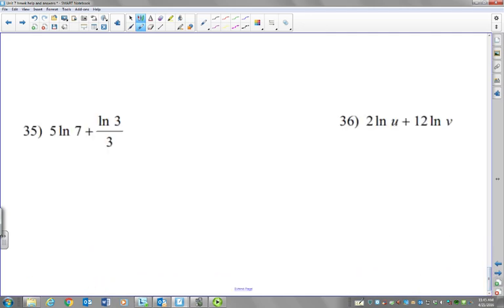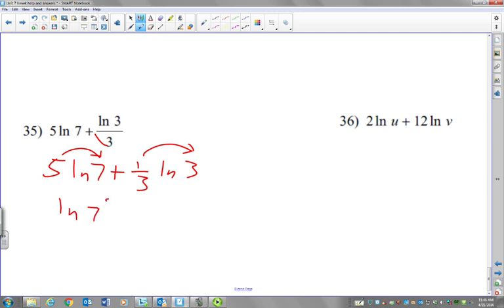Don't forget when you have a fraction that it becomes just a fraction there of ln to the 3rd power. And then the exponents go in front. So this will just be ln 7 to the 5th power times ln, so then 3 to the 1/3 power.